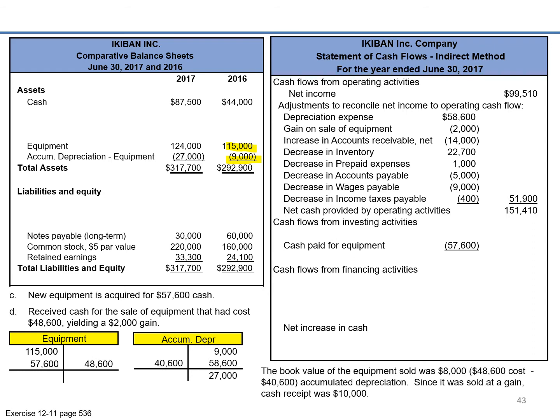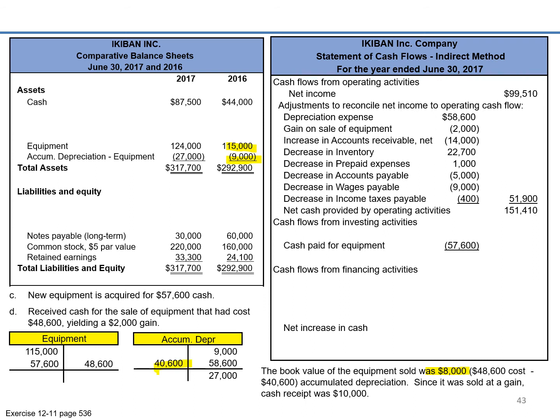And we had a gain of $2,000. So the book value of the equipment sold was $8,000, they tell us. So $48,600 cost less our $40,600 accum on it would be $8,000 book value, right? So that's how they come up with this.